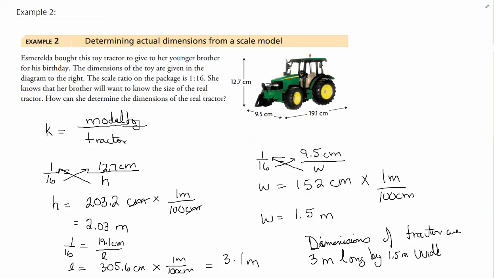Let me just clean that up. And 2 meters tall. Okay. And as I look at this, I should go 3.1 meters and 2.0 so that I'm consistent about being to 1 decimal place. Let's look at example number 3.